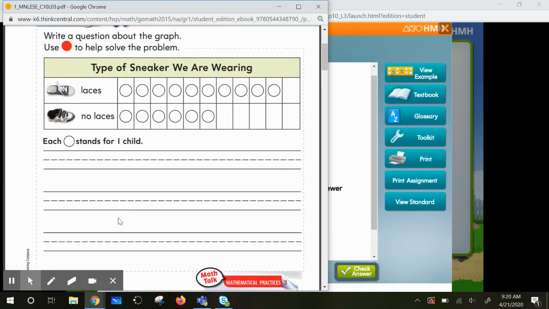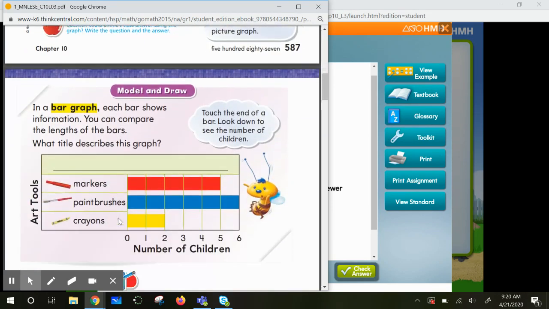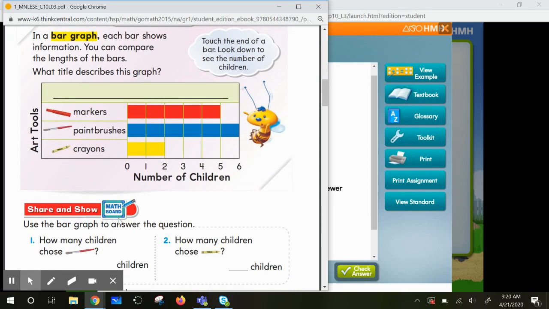Write the question and the answer. Could be lots of things. I'm interested to see what your questions are. Now, in a bar graph, each bar shows information. You can compare the lengths of the bars. What title describes this graph?